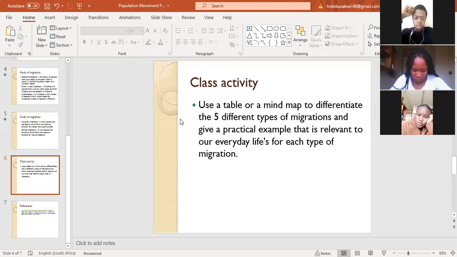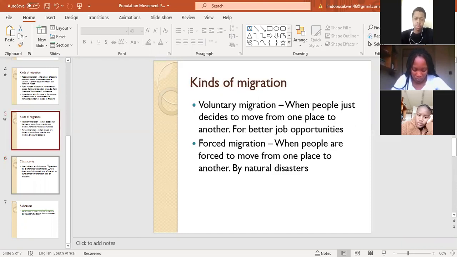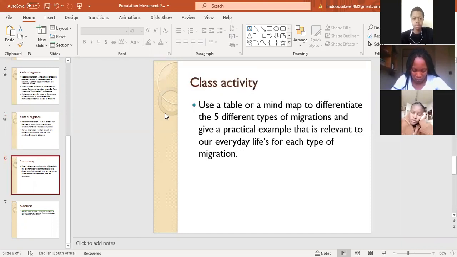Then we are going to look at this activity in our next lesson, and then we are going to start with the factors that affect migration. You need to use at least a table or a mind map to differentiate. And when you differentiate, you need to explain how it differs from the other concepts, and then you give a practical example.